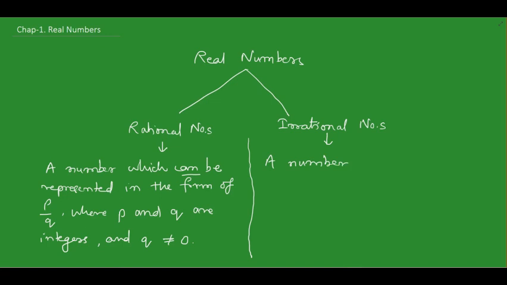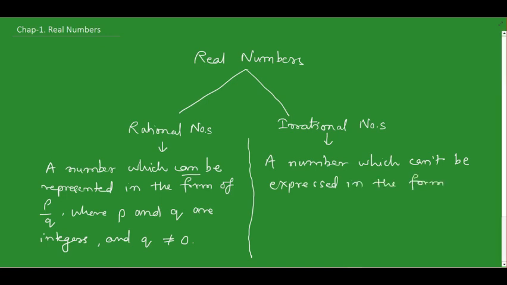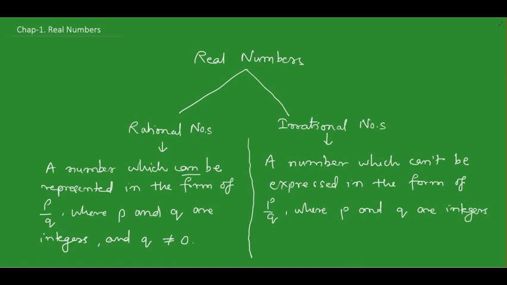A number which can't be expressed in the form of p upon q, where p and q are integers and q is not equal to 0.